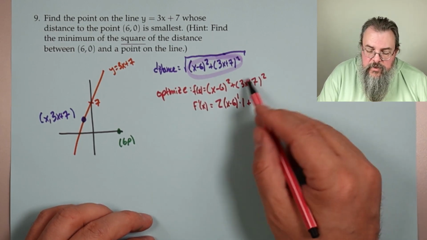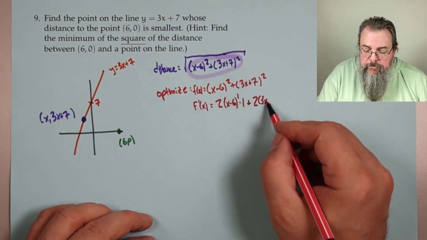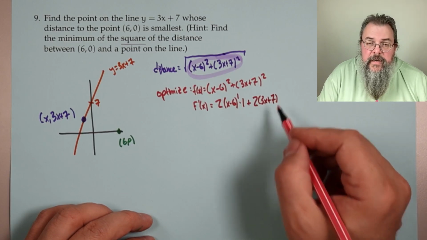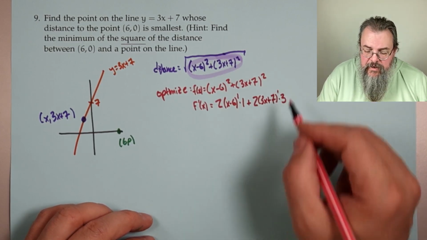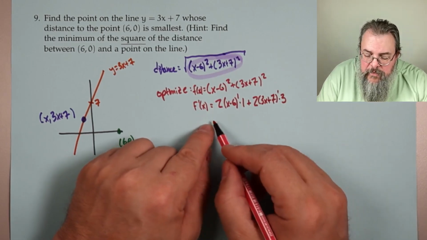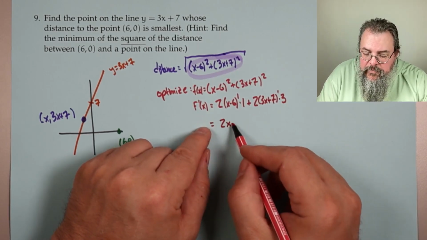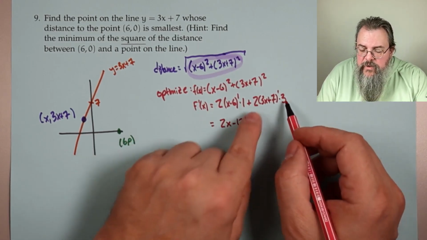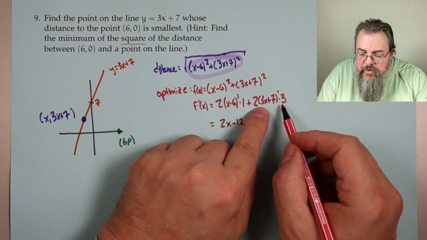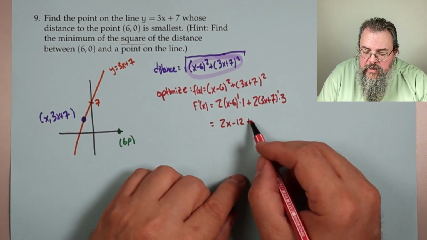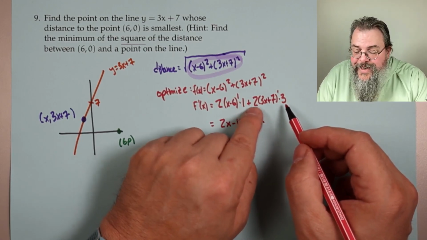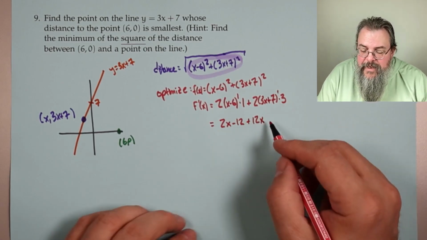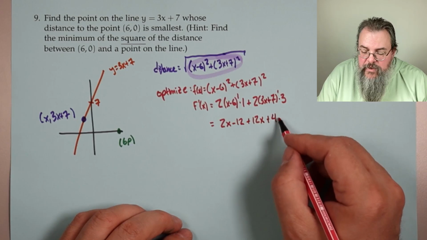And then here, 2 comes down, 3x plus 7 times the derivative of the inside, which is 3. All right, well, let's clean it up a little bit. That's 2x minus 12. 2 times 3 is 12x.